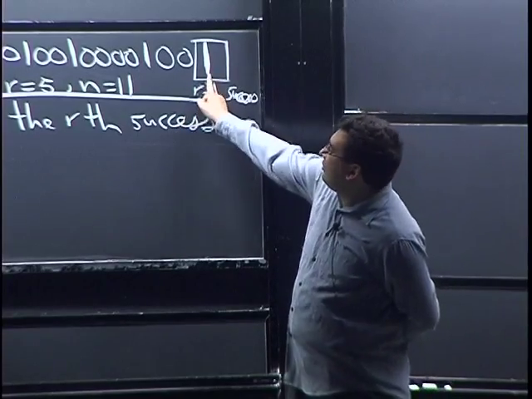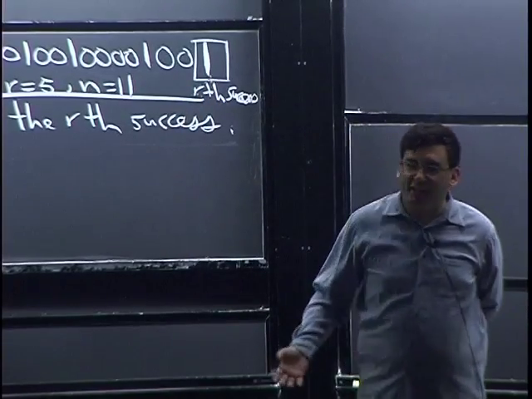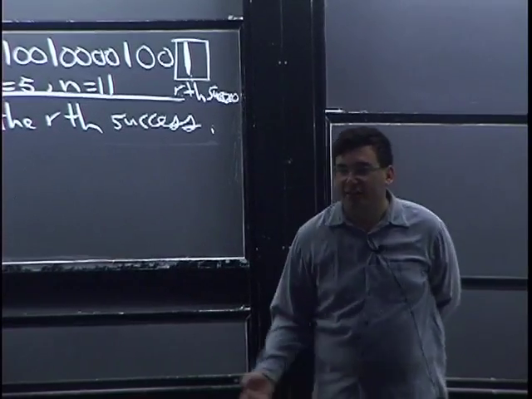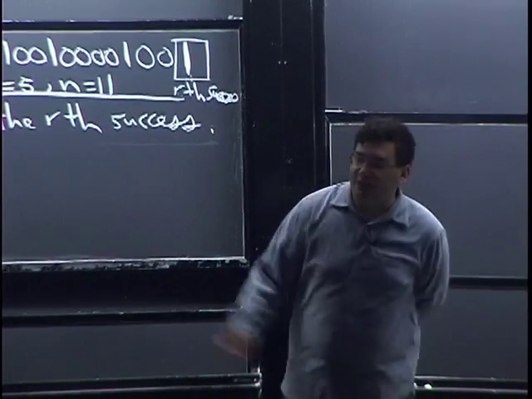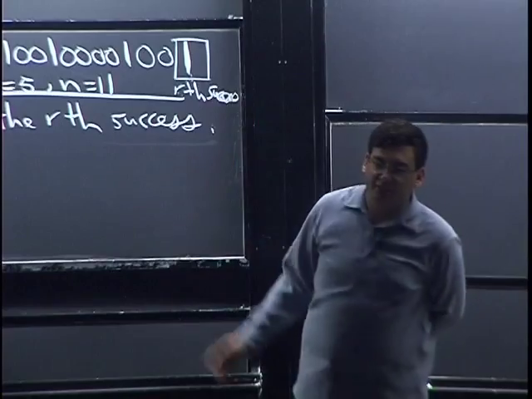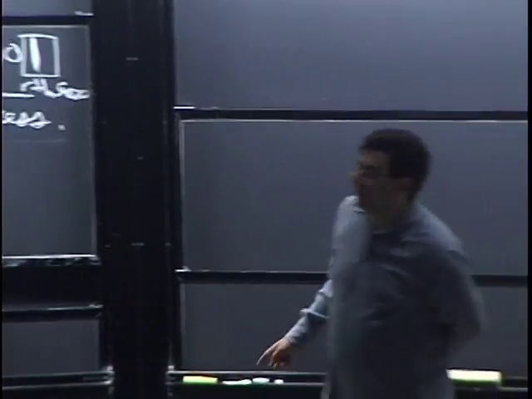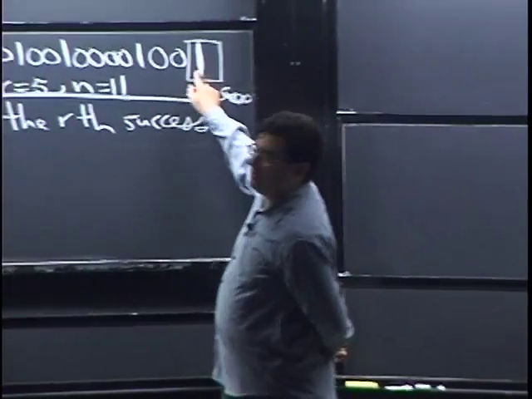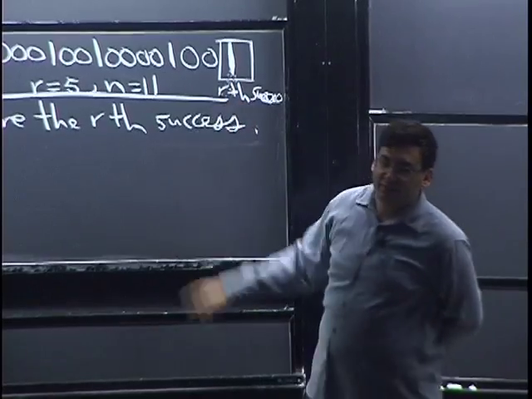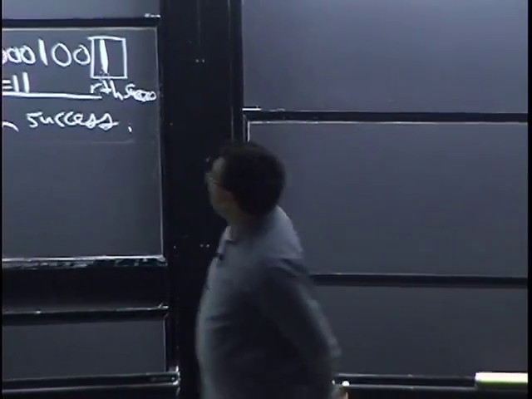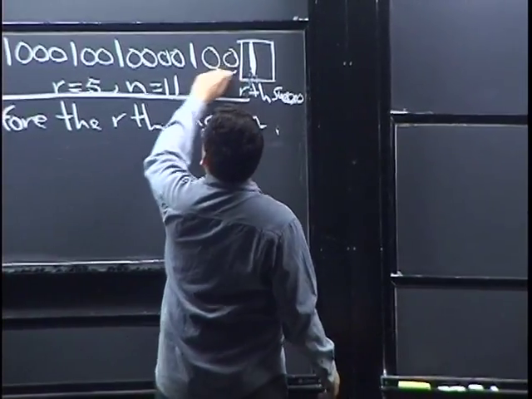Because if that was a 0, that would either mean we had not yet achieved our rth success, or we'd achieved it earlier, and then why were we continuing? Okay? So one thing I know for sure is that when you stop this, it's going to be with a success, right?